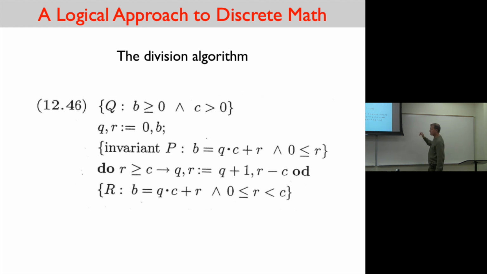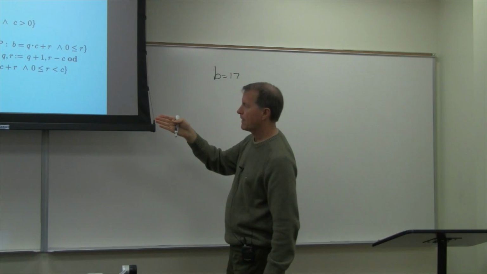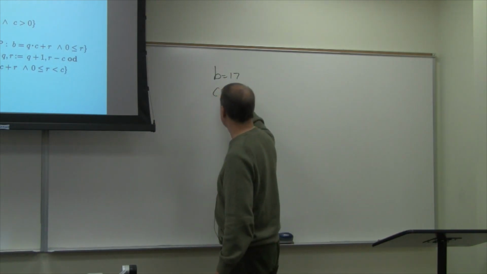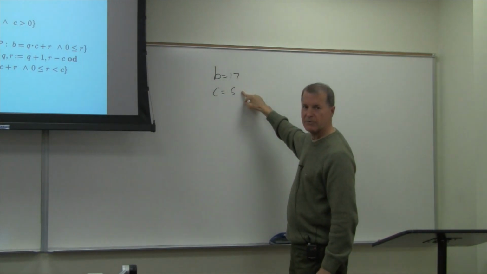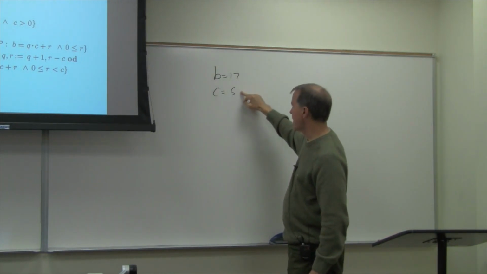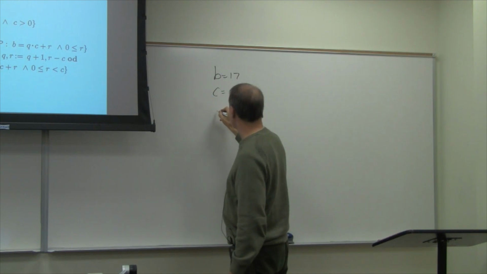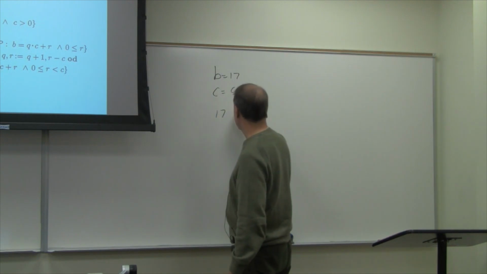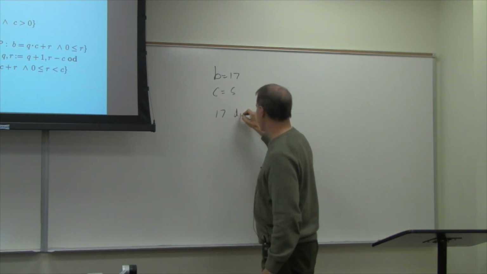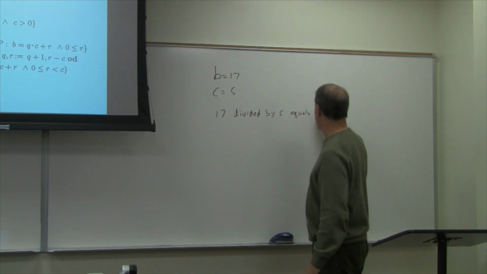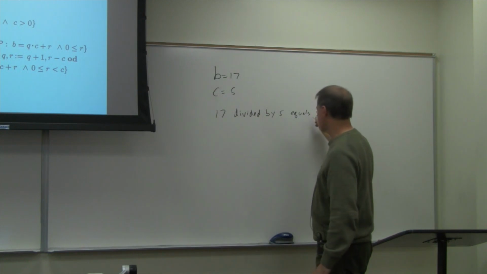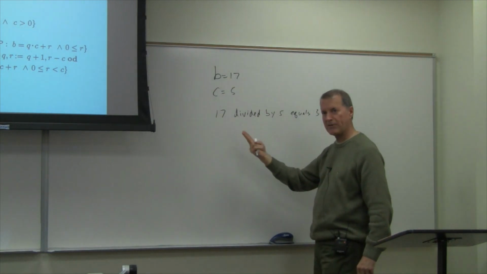Okay, so for example, if B is 17 and C is 5, then what we're doing is dividing 17 by 5, right? So 17 divided by 5 equals 3, because 5 goes in 17 3 times with remainder 2.